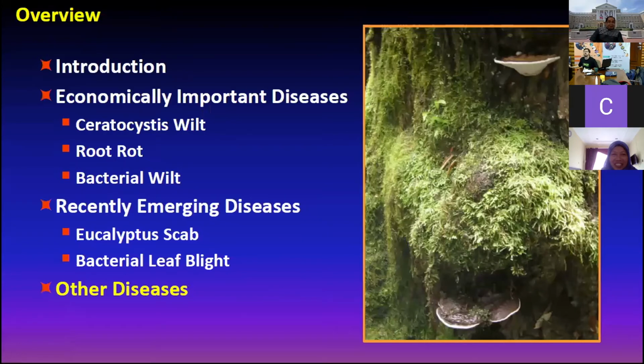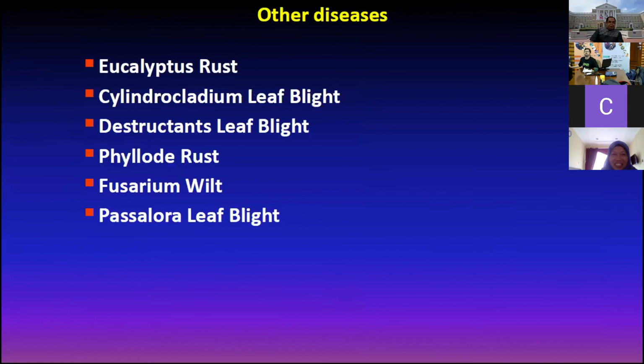This is on eucalyptus, Cylindrocladium blight, also on eucalyptus. Destructans blight on eucalypt, Phyllosticta, and this is on Acacia mangium, but it has a unique name.